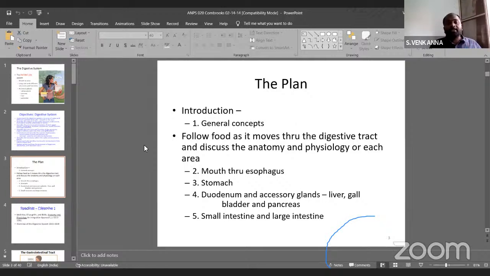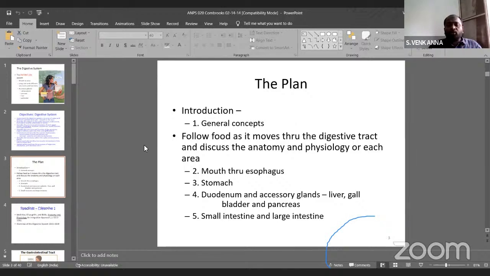So: introduction, general concept of digestion. Then the flow of food as it moves through the digestive tract, and discussing the anatomy and physiology of each area. So this is the internal anatomy part.